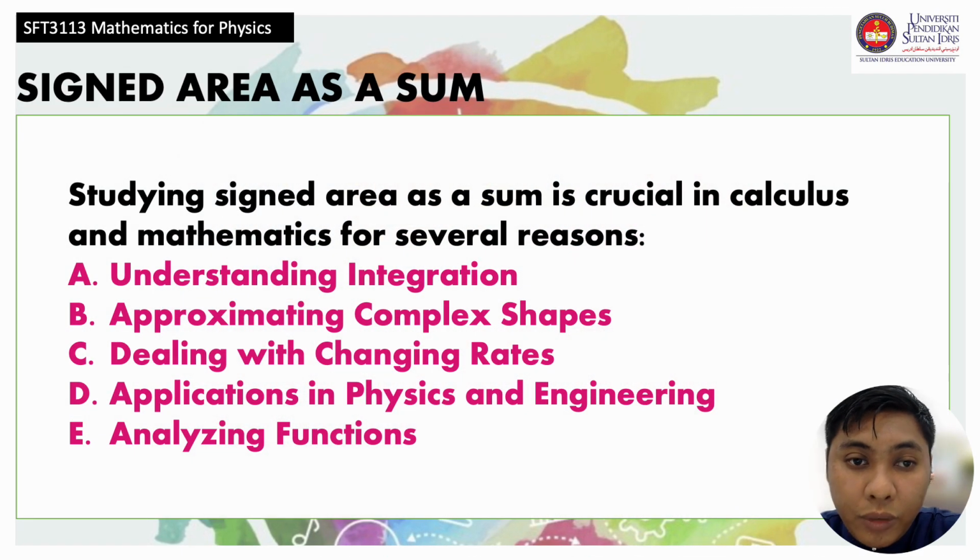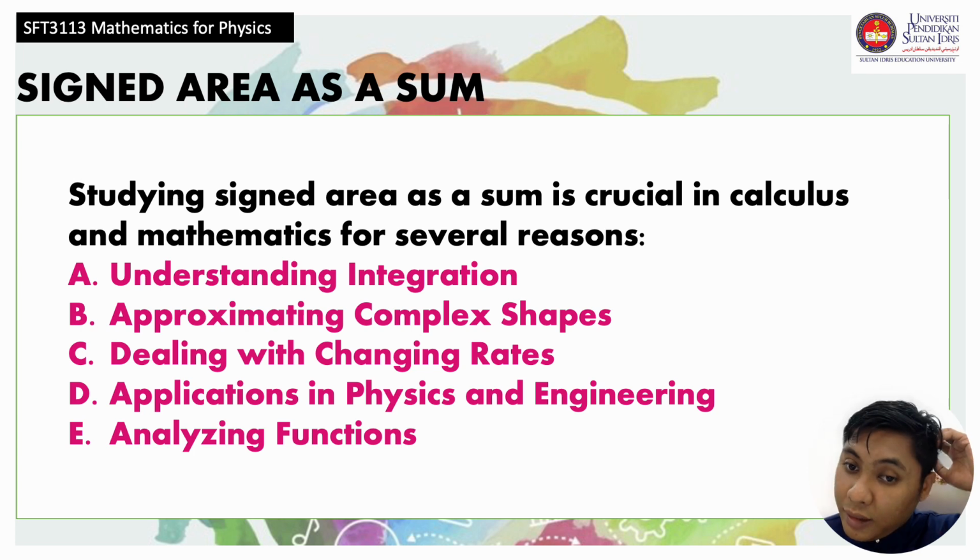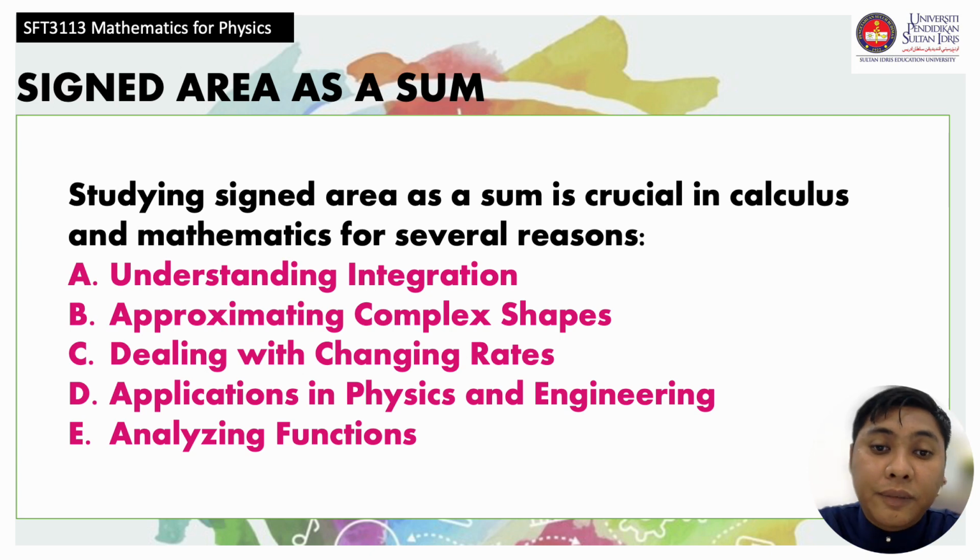Before that, why do we want to study the signed area, area as a sum? Because it is crucial, especially in maths and STEM, in science. First of all, we want to understand integration, so we will introduce the concept of integration in this chapter.